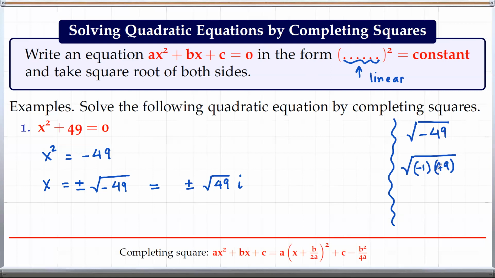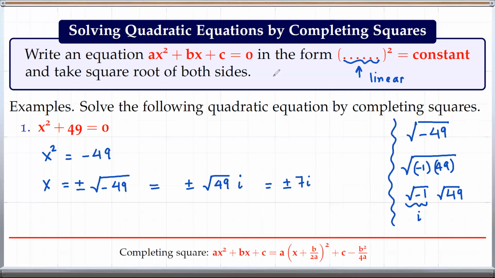Then we can apply square root to both of these, negative 1 and 49. So we get square root of negative 1 and square root of 49. This square root of negative 1, we simply denote by i, an imaginary number. So that's how we got this i over here. But this square root of 49 is simply 7. So we get plus or minus 7i. So we have two solutions, x equals 7i and x equals negative 7i.